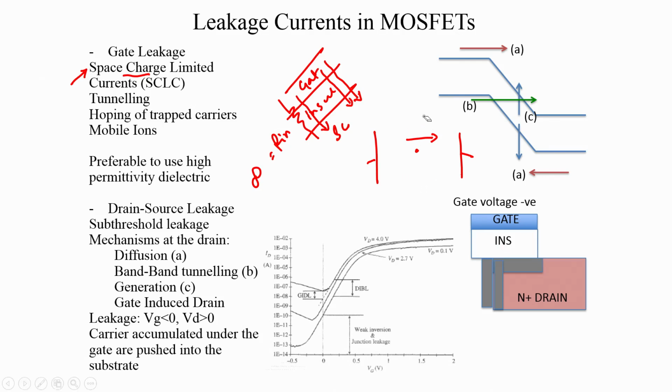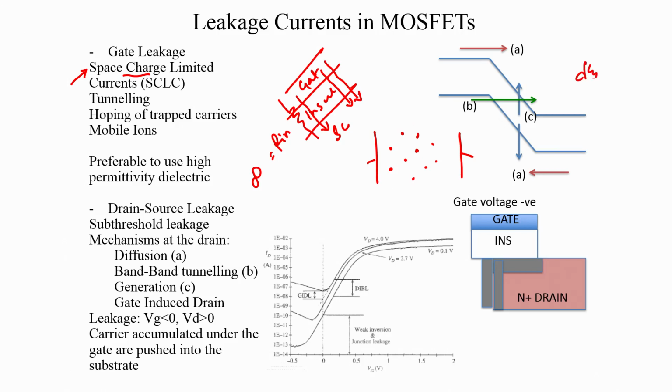But on the other hand, if there are several electrons present and these electrons form a very sparse pathway between these two terminals, then you need to solve Poisson's equation here.